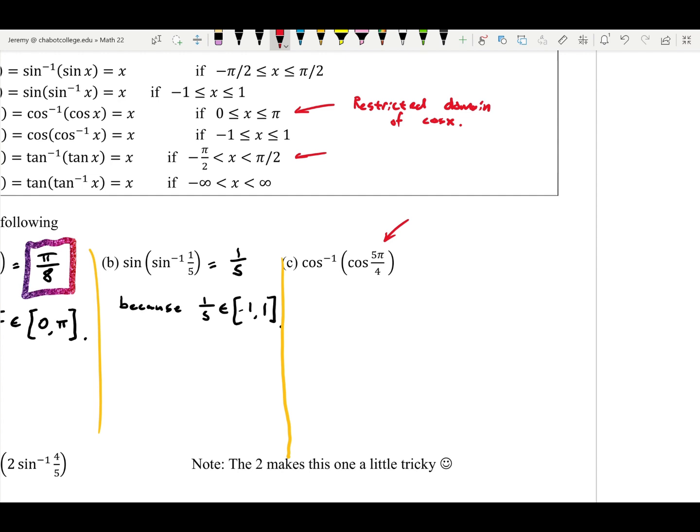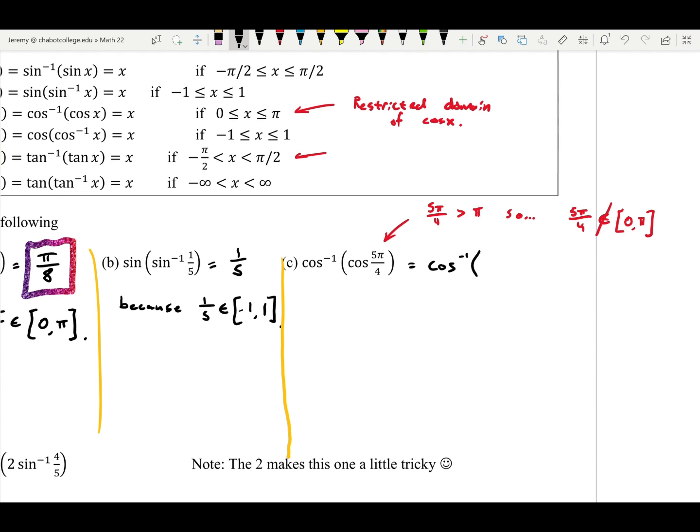Notice that 5 pi over 4 is greater than pi. 5 pi over 4 is not an element of that restricted domain of cosine from 0 to pi. So what this means is we're going to have to do this one step at a time, which is no big deal. We can handle it.